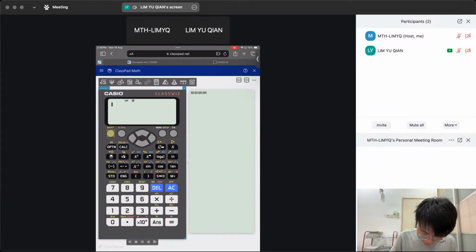Integration e to the x times cot of tangent. So cot is cos over sine.